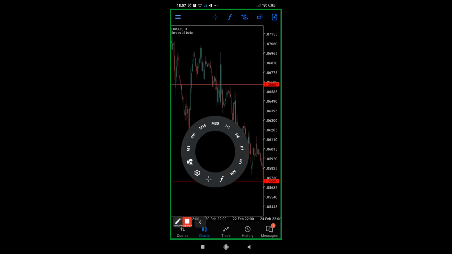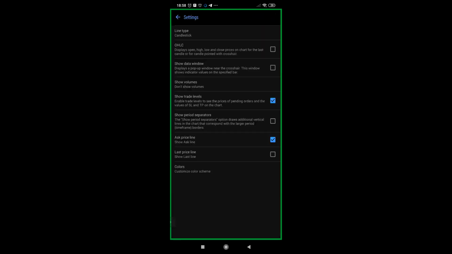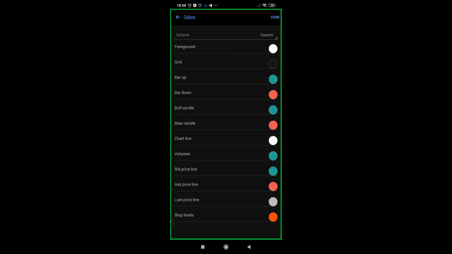So when you tap on the screen on portrait, you see this settings icon. Is that wheel icon? We are all used to the settings icon. So you want to click on it. When you click on settings, at the very bottom, you see colors, customize color scheme. So click on colors.